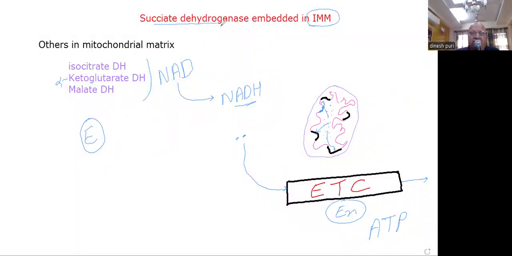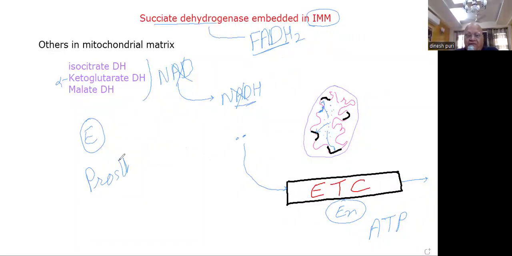And here comes the difference. Succinate dehydrogenase does not contain NAD. Rather, it contains FAD, flavin adenine dinucleotide. This is the coenzyme which gets converted to FADH2. Now, this FAD is tightly bound to the enzyme apoprotein, so it is also known as a prosthetic group.